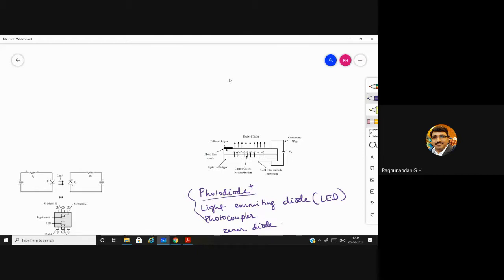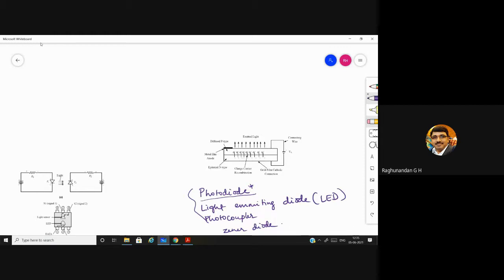It is going to read the content in the CD. We also use it in remote controllers, in cameras, and in many other places where we need to measure the intensity, or where we need to convert the light intensity into electrical energy.